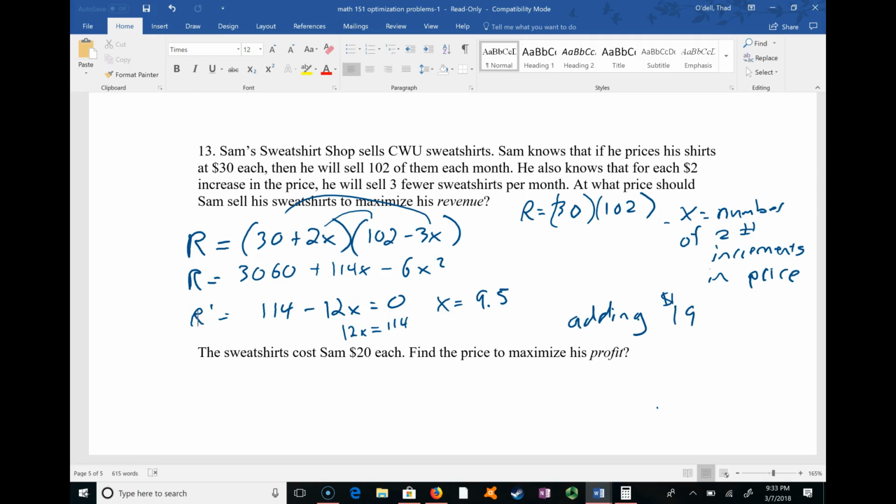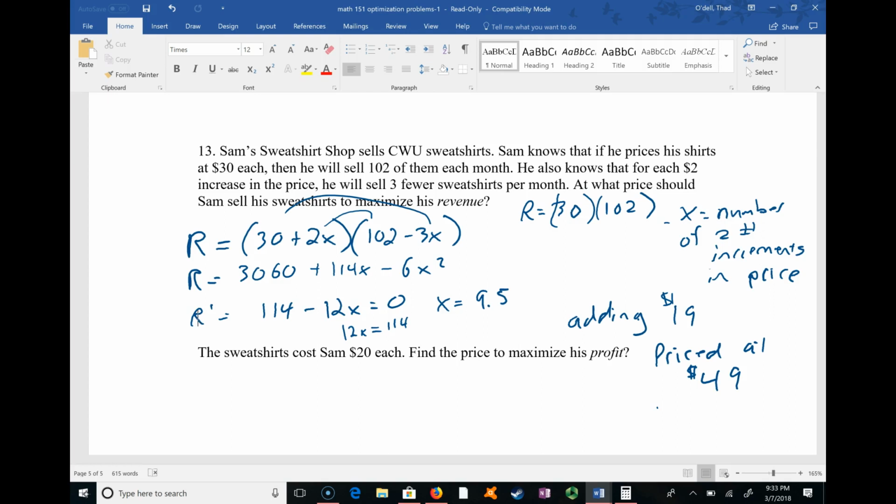So 30 plus 19, so the sell price would be priced at $49. So if it's priced at $49, we would be selling 9.5 times 3 fewer.